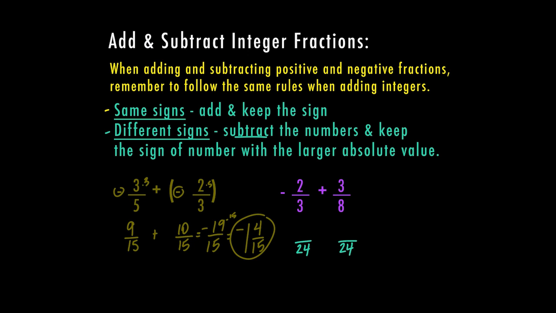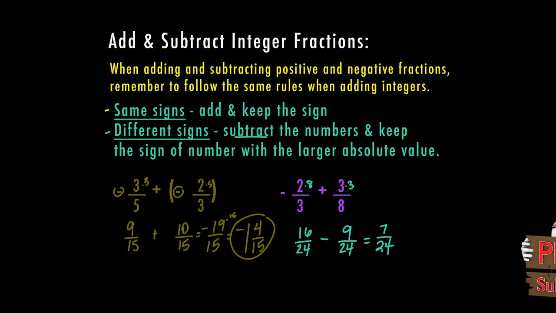And so 3 goes into 24 8 times, and 8 times 2 is 16. 8 goes into 24 3 times, and 3 times 3 is 9. I'm going to go ahead and subtract these because one's negative and one's positive. So 16 minus 9 is 7 out of 24.